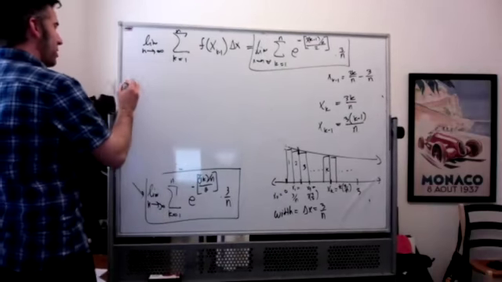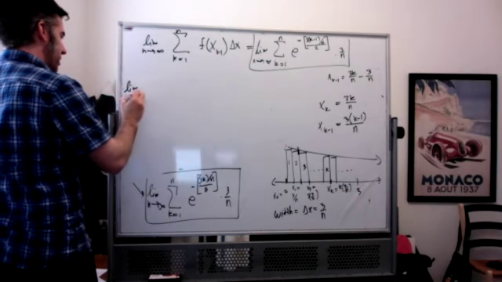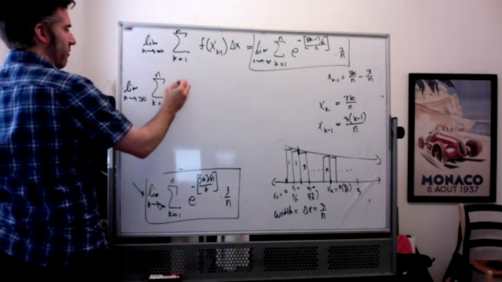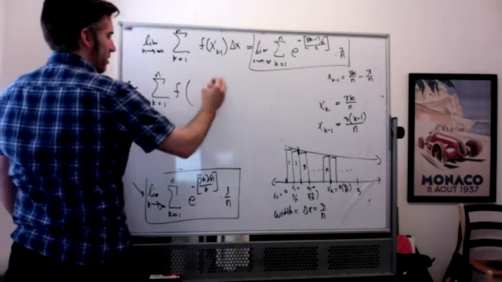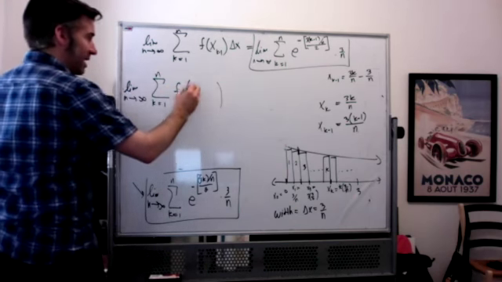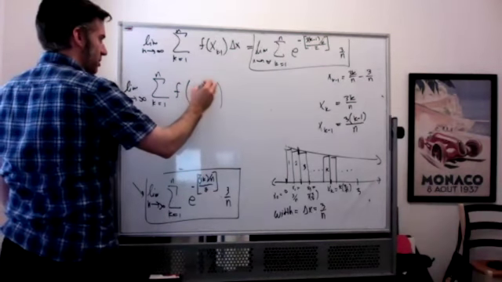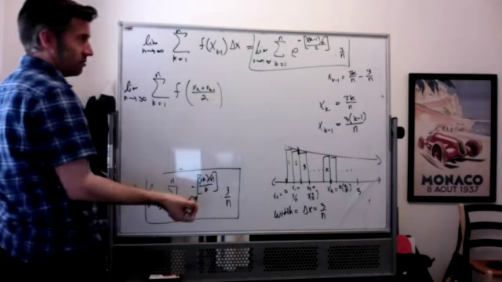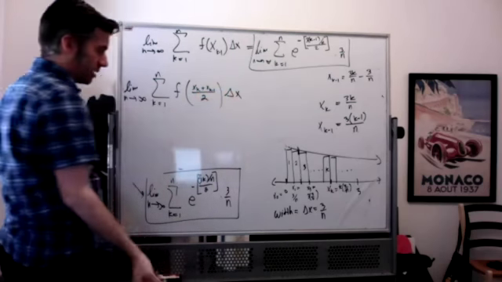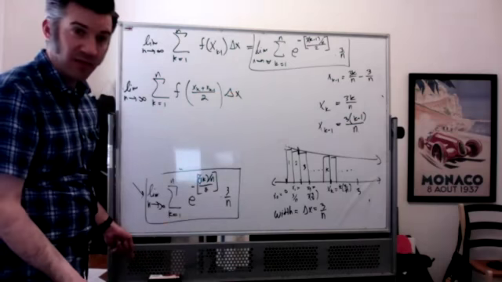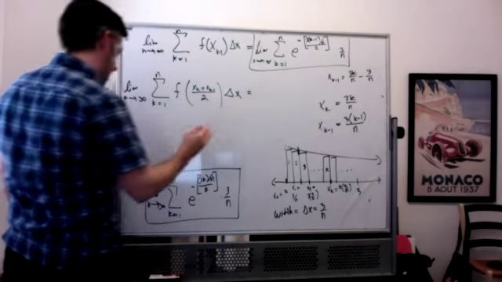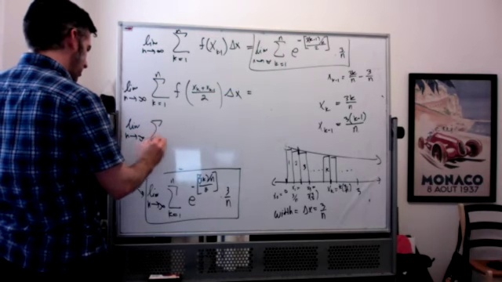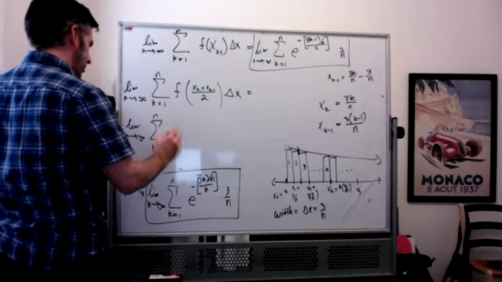Midpoint would be the limit as n goes to infinity of the sum k equals 1 to n of f of your midpoint, which is the average of x sub k and x sub k minus 1. So still essentially the same thing, except that now it's going to be the limit as n goes to infinity of the sum from k equals 1 to n.